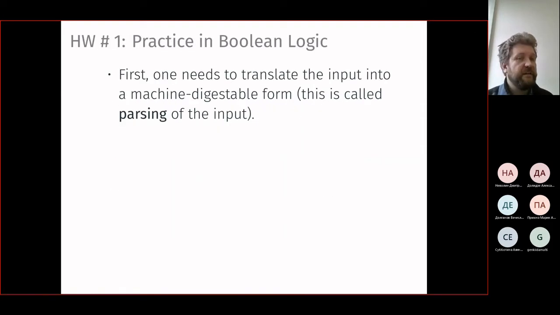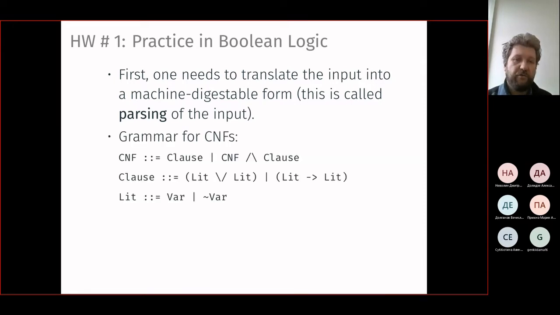The first thing the program should do is translate the input into a machine digestible form. This is called the parsing of the input. This is the grammar for CNFs, a formal expression which exactly reflects their informal definition before.